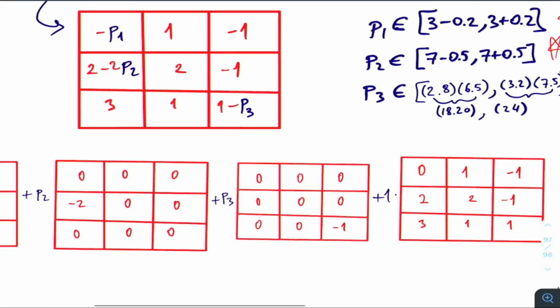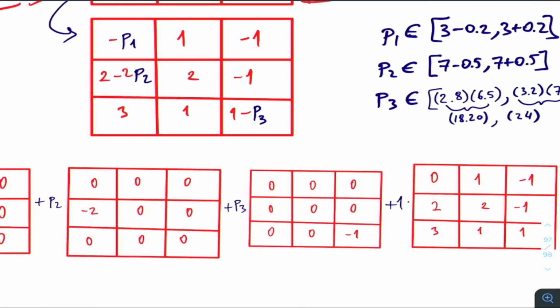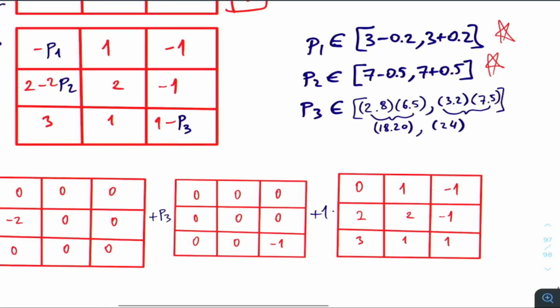And let's check P3, it appears only in one location, -1, here -1. All right, and the other ones, I call it 1 times the matrix. Here 1 1, -1 -1, the other terms.